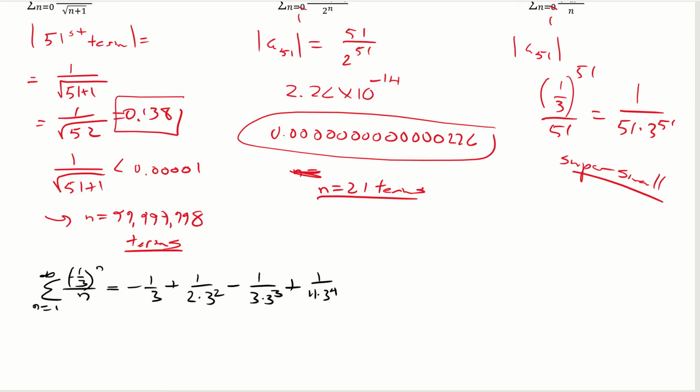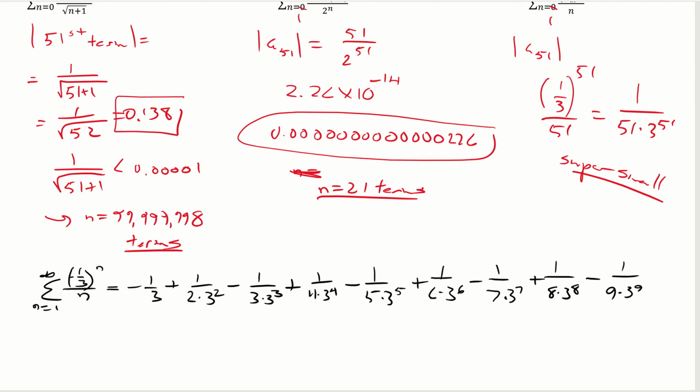Now what I did in this case is I went term by term to figure this out. Look at how far I have to go. 1 over 5 times 3 to the 5th, plus 1 over 6 times 3 to the 6th, minus 1 over 7 times 3 to the 7th, plus 1 over 8 times 3 to the 8th, and finally minus 1 over 9 times 3 to the 9th.